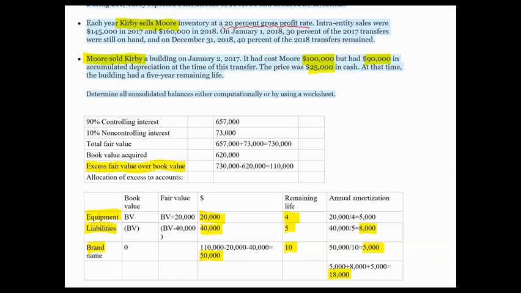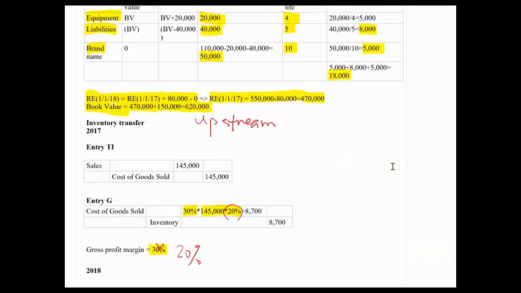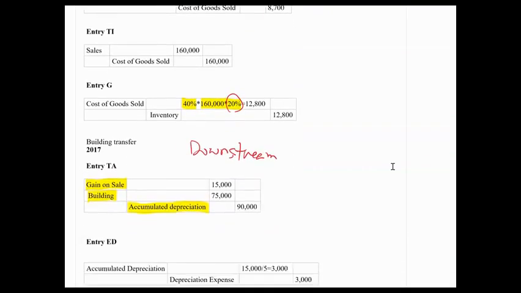So now what we are doing with TA is, first, we eliminate the gain, and then we have to increase the book value of the building from 25,000 to 100,000. That's why we debit building 75,000. At the same time, we credit accumulated depreciation of 90,000, so we create that back on our books.